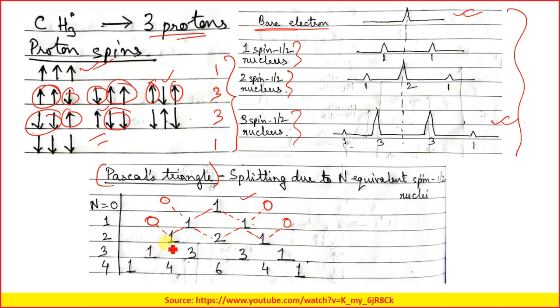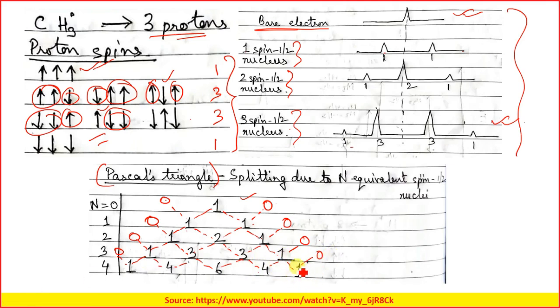Next, 1 plus 2, 3. Then 2 plus 1, 3, and then 1 plus 0, 1. Similarly, we get 3 plus 1, 4, 3 plus 3, 6, 3 plus 1, 4, and 1.